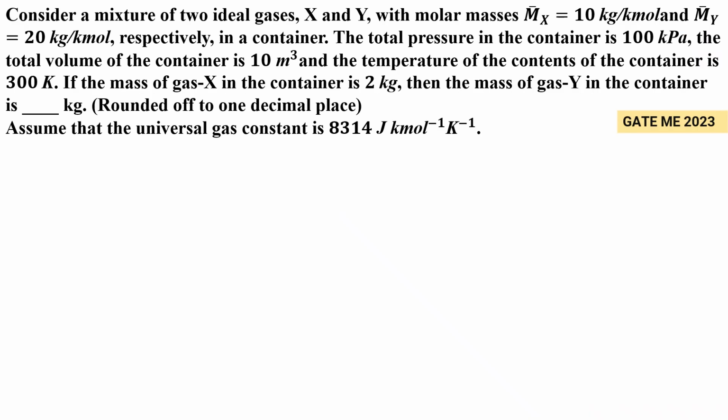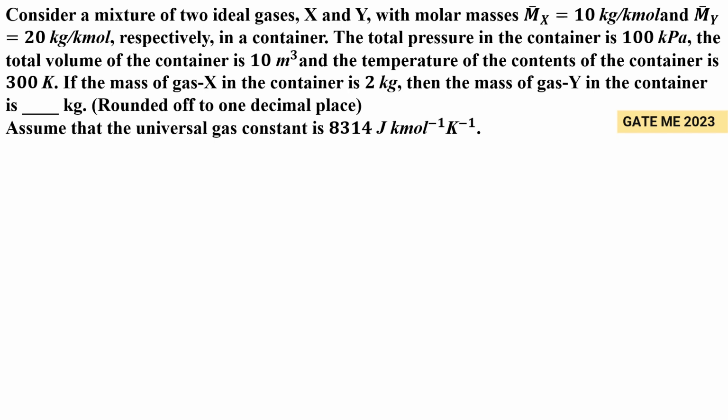Consider a mixture of two ideal gases X and Y with molar masses of Mx equal to 10 kg per kilomole and My equal to 20 kg per kilomole respectively in a container. The total pressure in the container is 100 kilopascal. The total volume of the container is 10 meter cube and the temperature of the contents of the container is 300 Kelvin.